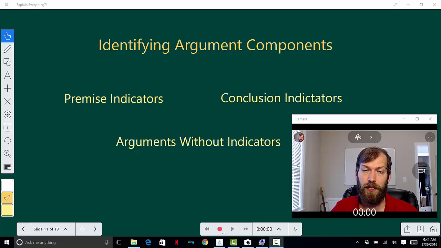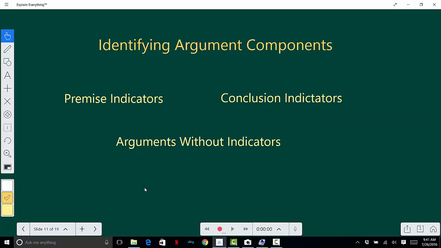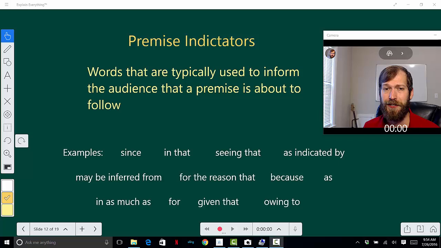So let's take a look at the premise indicators. Probably unsurprisingly, given the term, premise indicators are words that are typically used to inform the audience that a premise is about to follow.